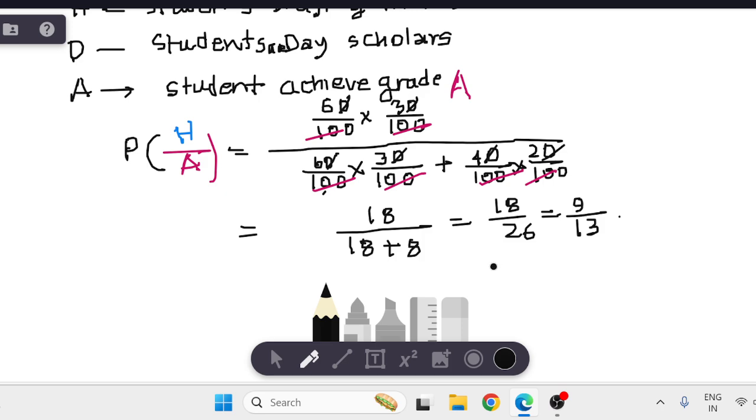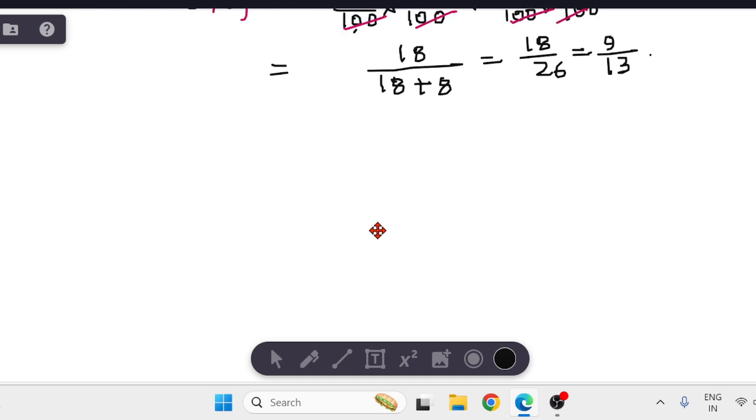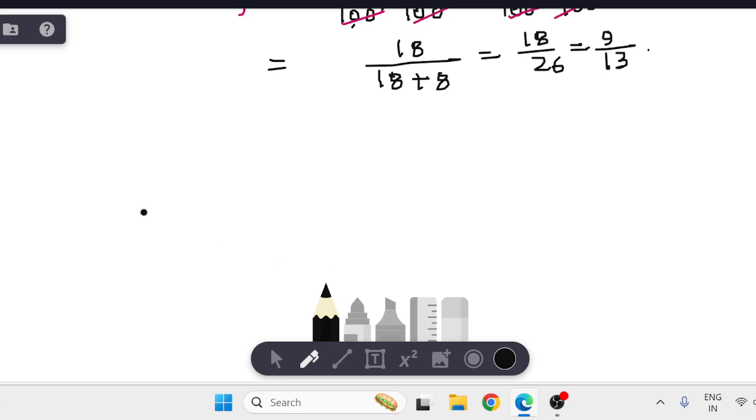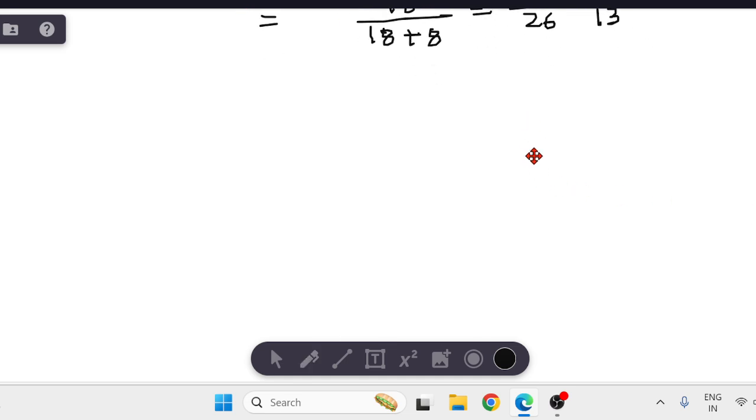So we can understand out of it. Now, those who have a doubt in solving this problem, say this percentage part, as I told, 60 by 100 into 30 by 100, why we are multiplying, we can talk on that. So we can discuss so that you have a better idea.